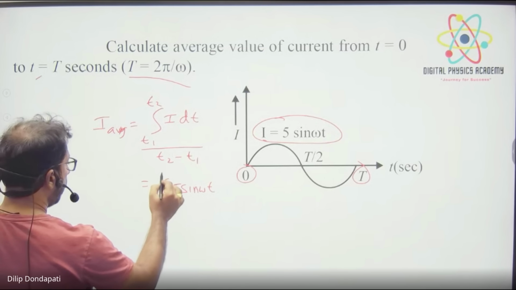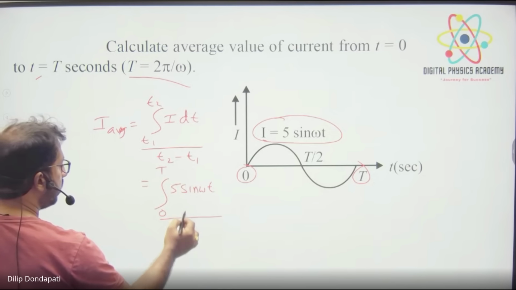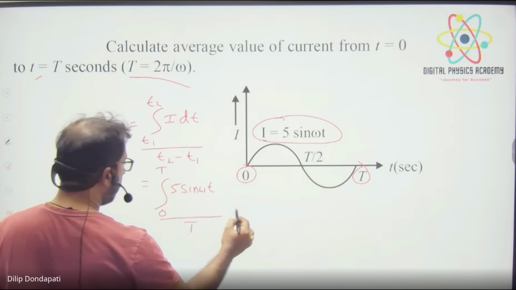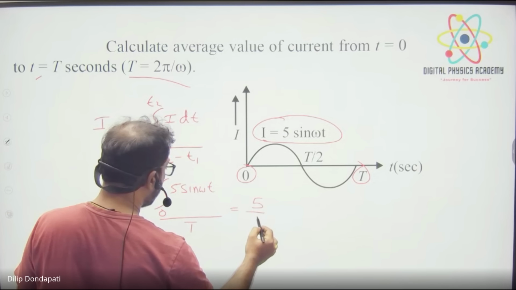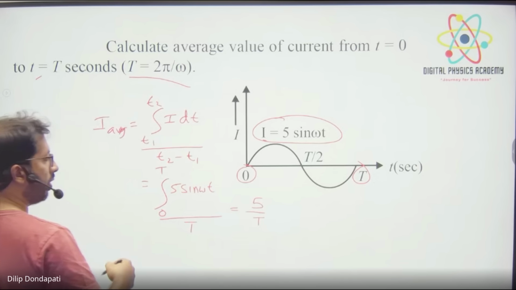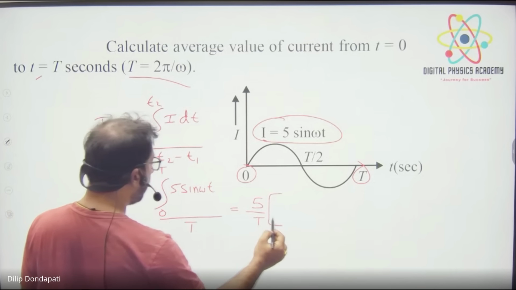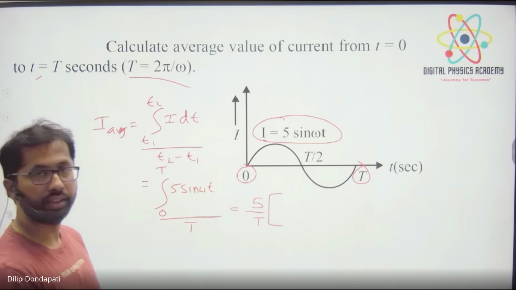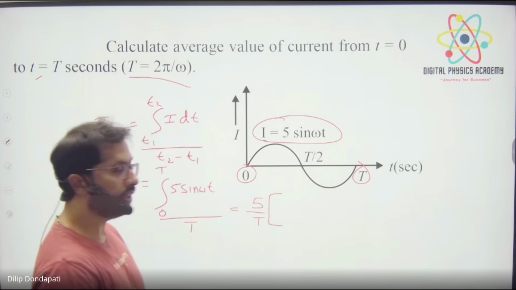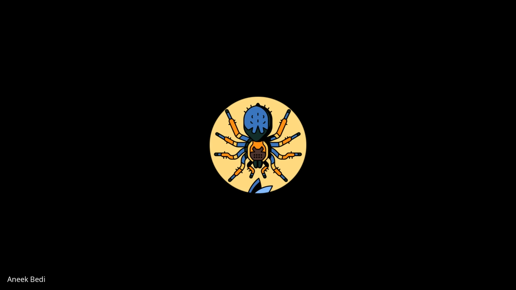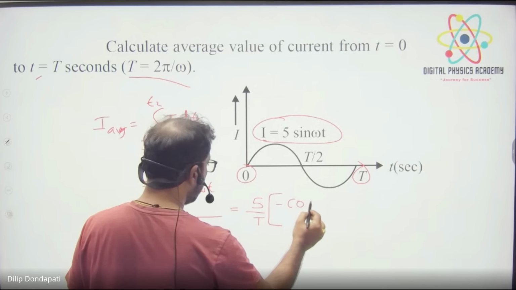So 0 to T divided by t2 minus t1. T minus 0 is T. So I0 by T comes outside. T is 2 pi by omega, we will do that last. Now tell me, the integration of sin omega t is how much? Minus cos omega t, that's it?